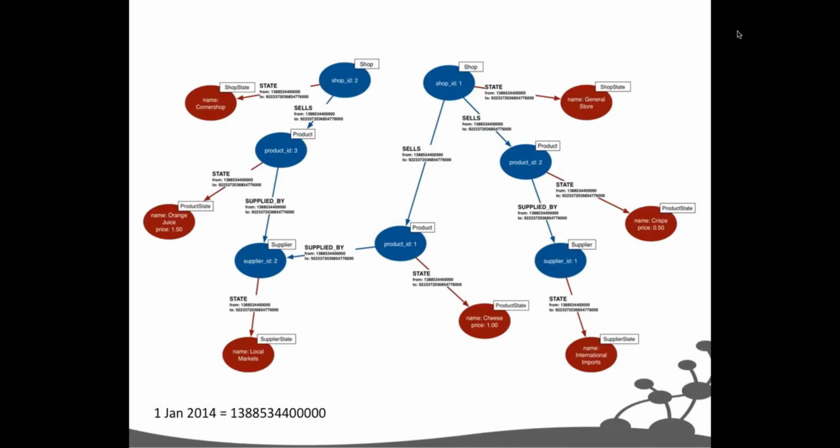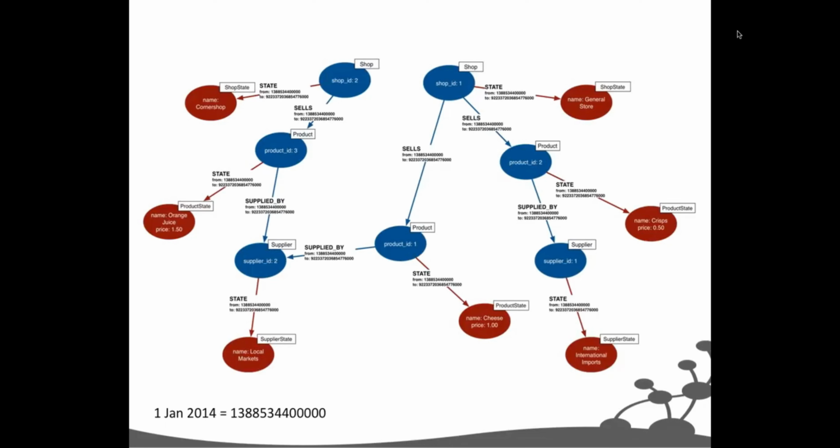So if we look towards the top, we've got a node, a blue node, shop ID 2, that's a kind of placeholder node. But then we've got a red state relationship that extends from that to a red node that represents the state of that shop at a particular point in time.